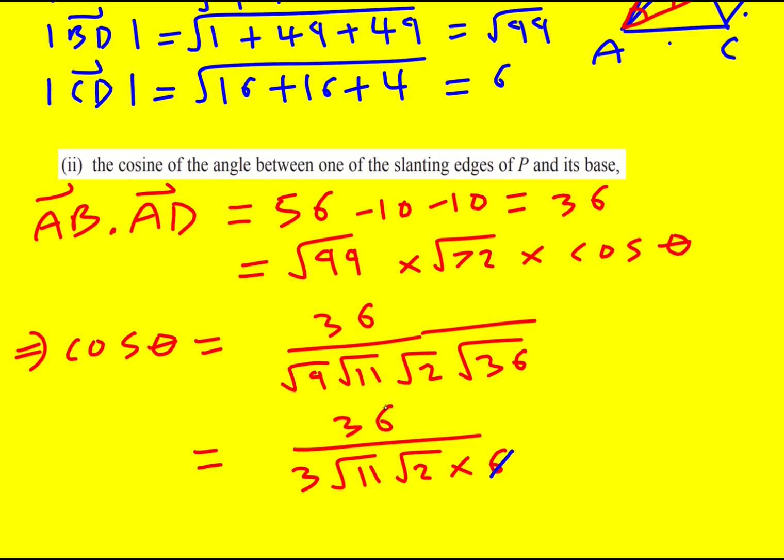The 6 will cancel partially with the 36 to leave me 6, and then the 3 and the 6 will cancel to leave me 2 here.